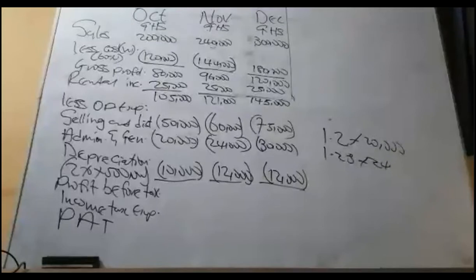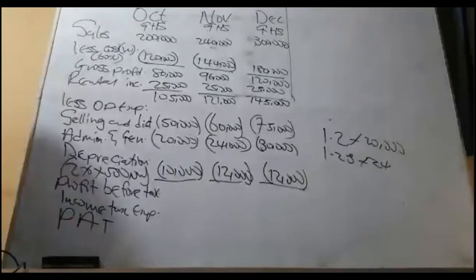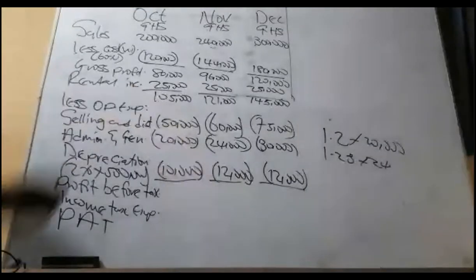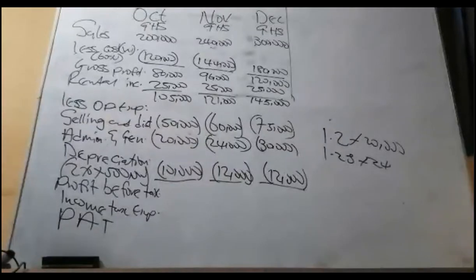So therefore, let's pick our calculator. Then start from the total income. That's 105,000. Less all the operating costs, this 80,000.